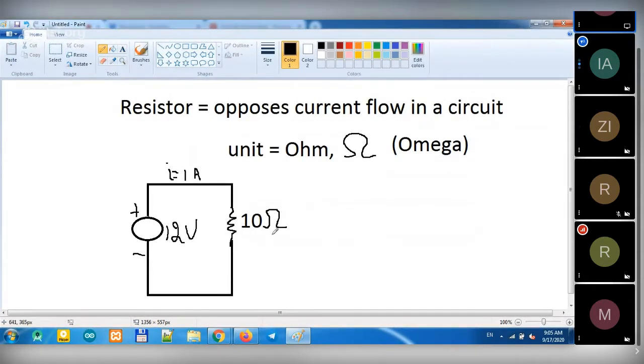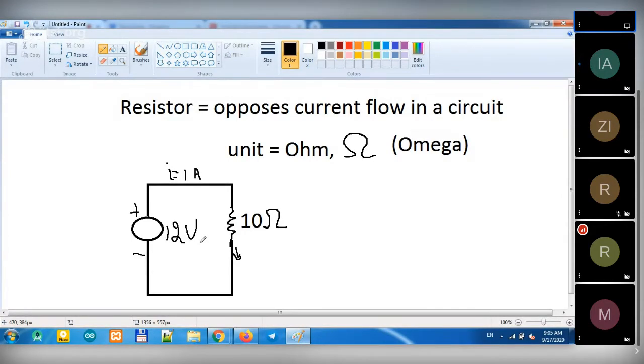You will learn how to calculate this later, but today you just have to understand what it is. This 1 amp will reduce here, but voltage will stay. Voltage is overall 12 volts. Voltage will not reduce even if you put a resistor. Resistor only affects the current.